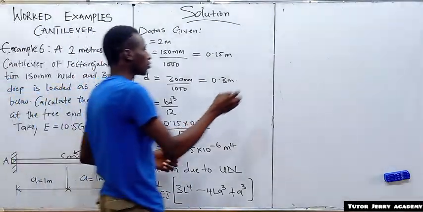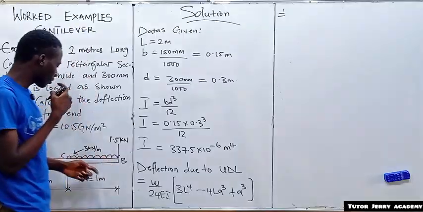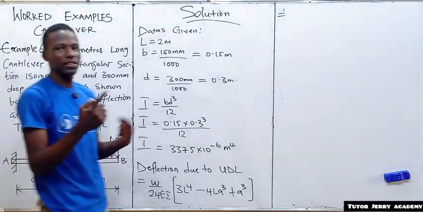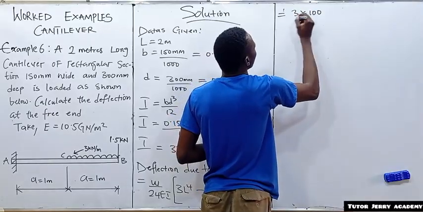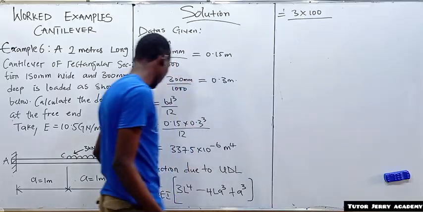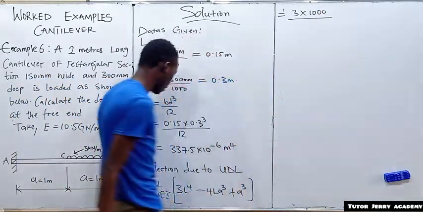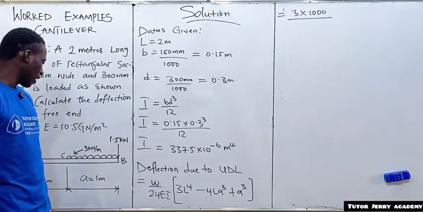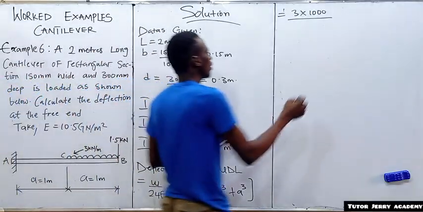So if we substitute, this will be equal to W. Our W is 3 kilonewton, which is 3 times 1000. So this is 3 times 1000, this is 1000, not 100, all over 24 EI. Our E is 10.5 giganewton per meter square.